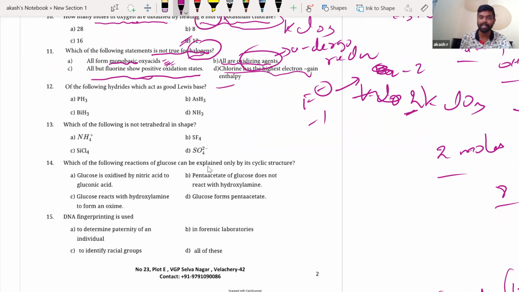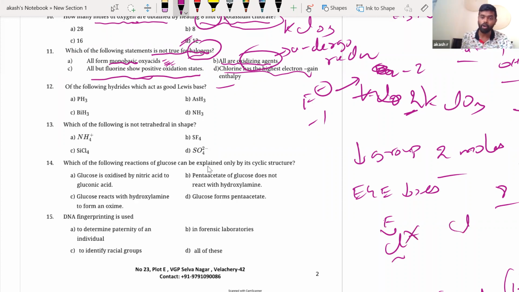Okay, next, chlorine has the highest electron gain enthalpy. Yes, right. Generally, we say when I go down the group, electron gain enthalpy decreases. So we expect fluorine to have more electron gain enthalpy than chlorine, right? But this is not true. Chlorine has more electron gain enthalpy than fluorine because of, I think you remember this, inter-electronic repulsion.